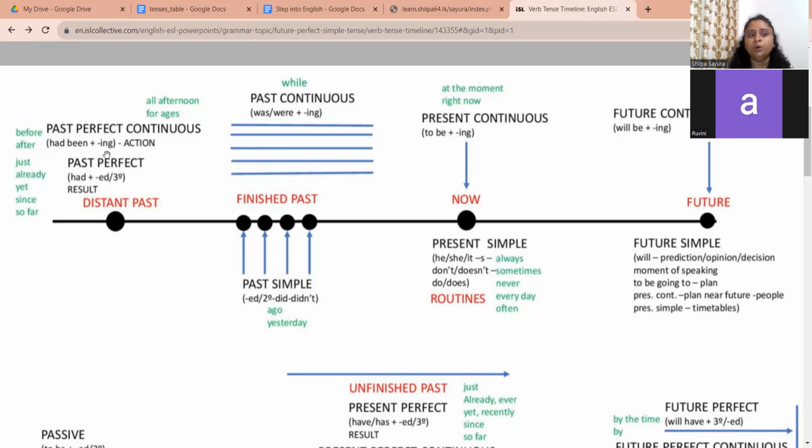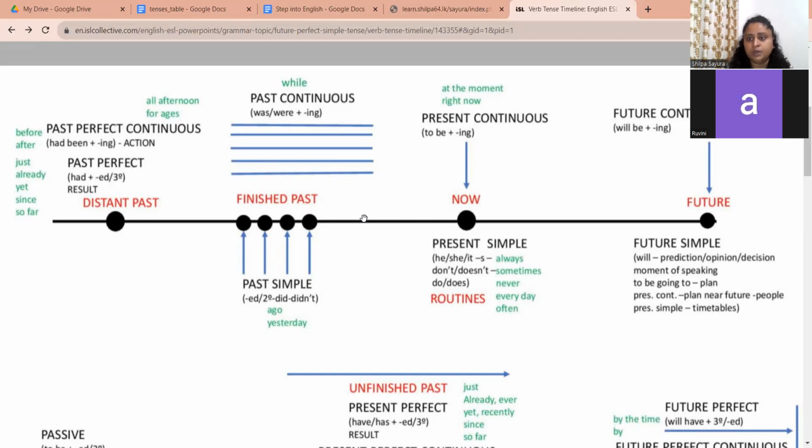I have already read. So when we were talking about verbs, we learnt about three forms of a verb: simple present tense, past tense, and past participle. So with perfect tense, we are using have or has plus the past participle. And perfect continuous is also used here.